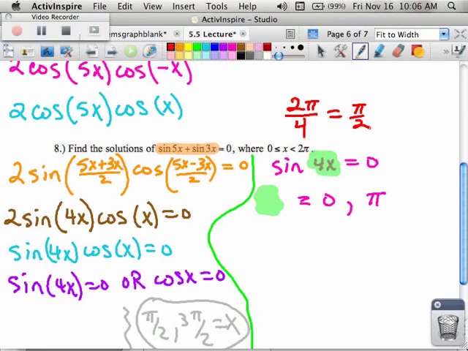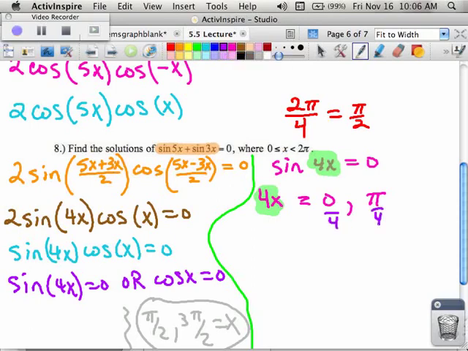These are 2 answers. How many answers are there supposed to be? 8. What's my period? Pi over 2. So in order to get to each consecutive answer, I'm going to add pi over 2. I take 0 plus pi over 2 and I get pi over 2.